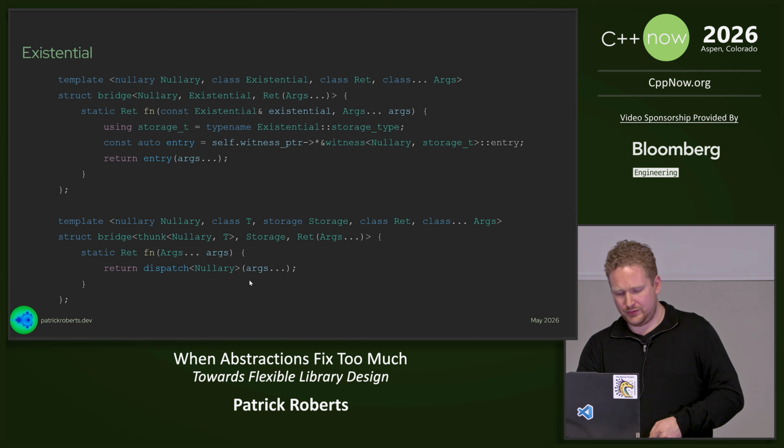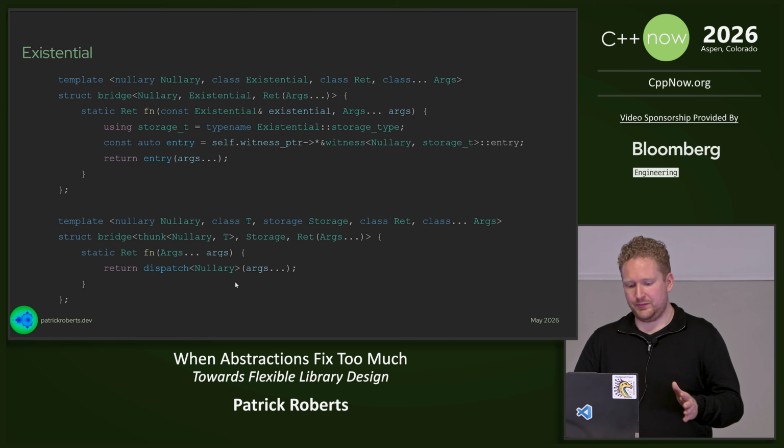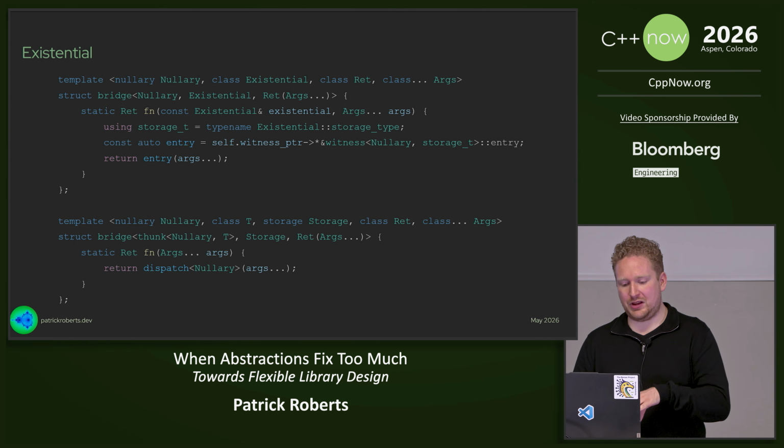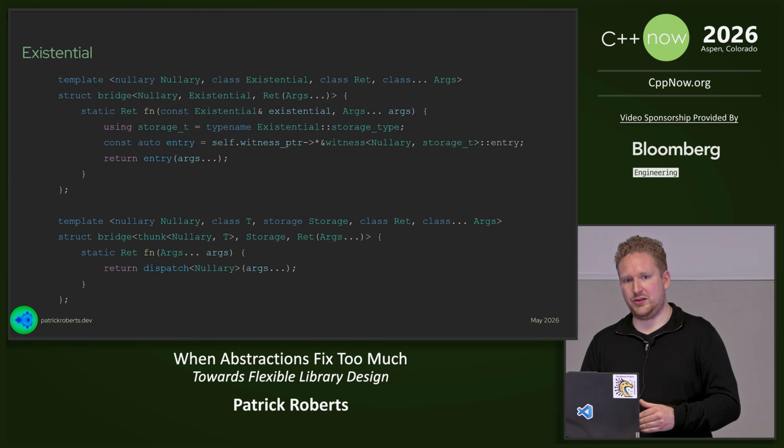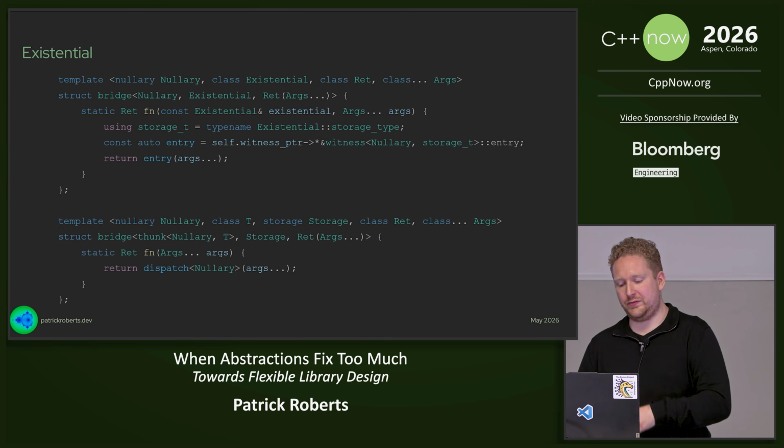I think I actually have an error here. It's supposed to recover T from the dispatch mechanism. I think that's supposed to be comma T. But yeah, now you're at a point where the type is statically known, and you do a static dispatch at that point once you've invoked the function pointer.